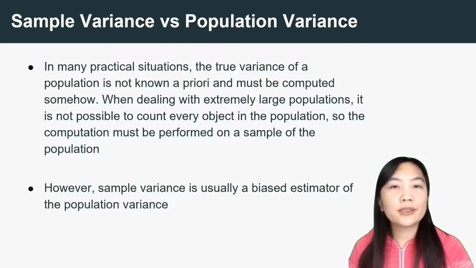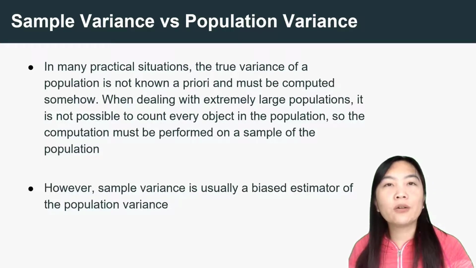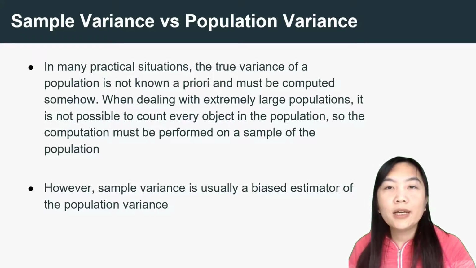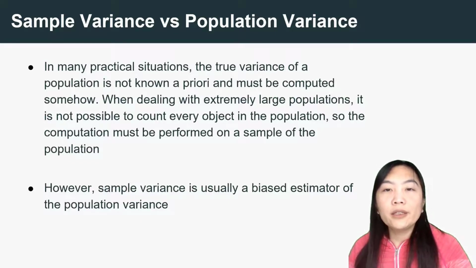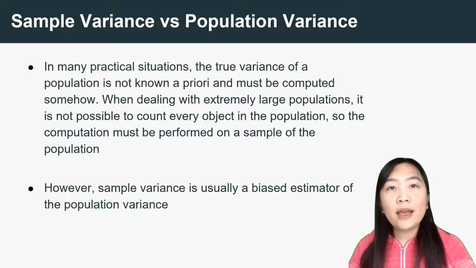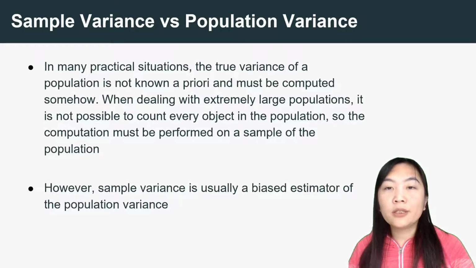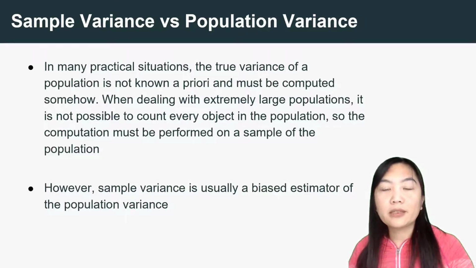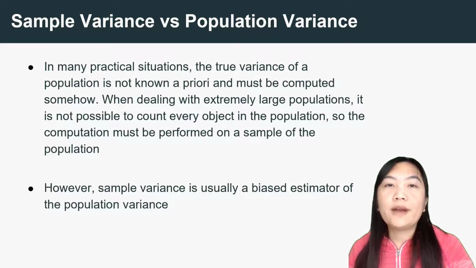And in your statistics course, you probably were told to calculate a sample variance. Usually when you calculate the variance of a sample using the formula I have just shown you in the previous slide, then the variance you got from that sample usually is a biased estimator of the population variance.